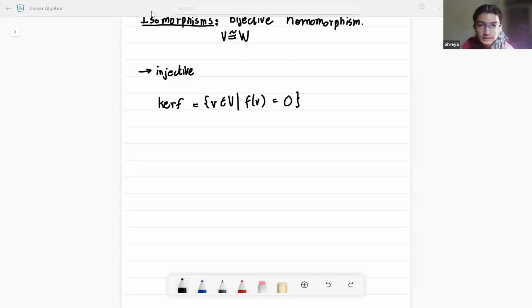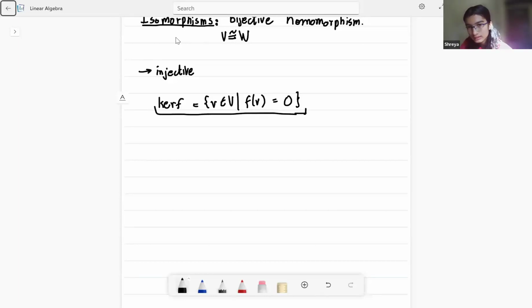So this measures how much, if you have a general homomorphism, all you're doing is setting these things equal to 0 and modding out by this. That's basically what a homomorphism is doing with the kernel.